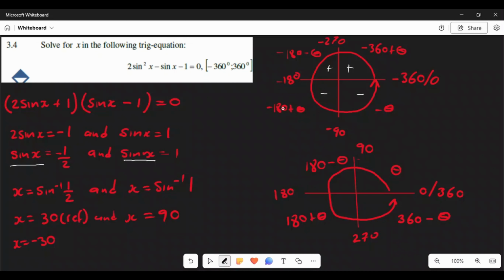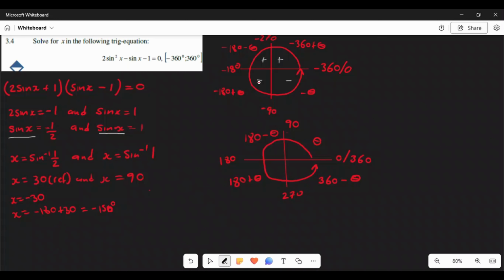So how do we represent this quadrant? It's x equals negative 180 plus theta. What is our theta here? Our theta is 30. So you put the reference angle, and then we know that it's going to be negative 150 degrees.